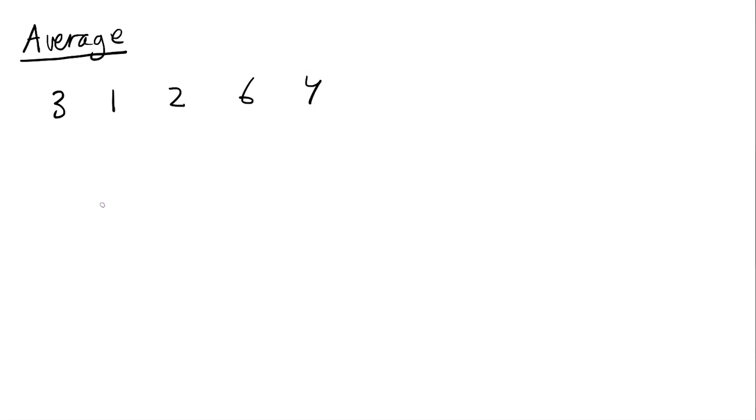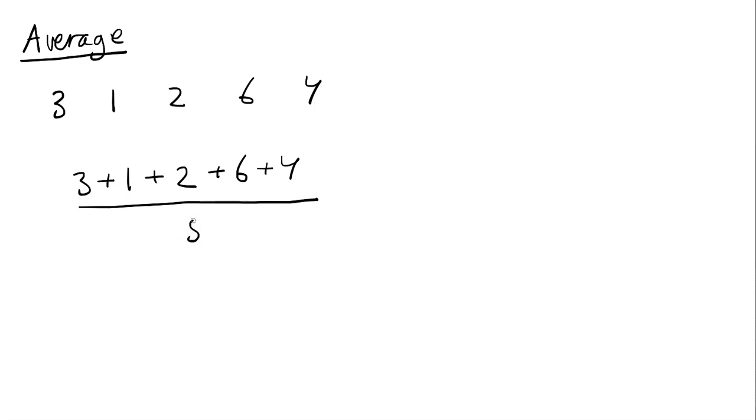So what will be the average of this dataset? Then I just have to add them. I add up all the values. Then I divide by the number of data I have in the dataset. In this case, it's 5. So this is 10, 16, or 32 tenths. So this is 3.2.